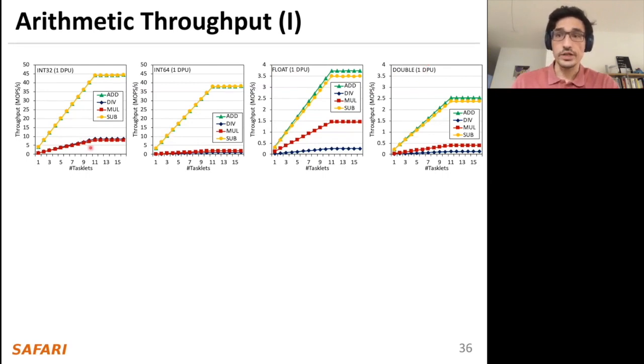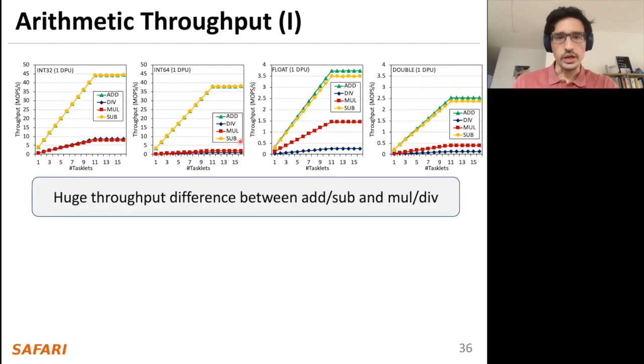And the first observation here is that, as we expected, the throughput saturates at 11 tasklets, and this happens for all the different experiments that we have run, no matter what the data type or what the operation is. A second important observation is that there is a huge throughput difference between addition and subtraction and multiplication and division.